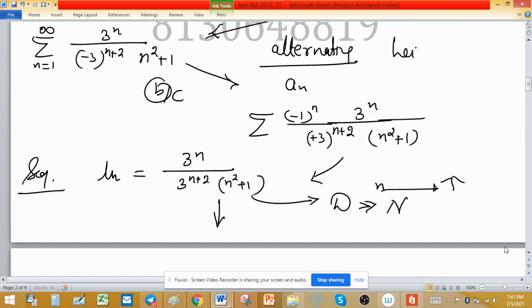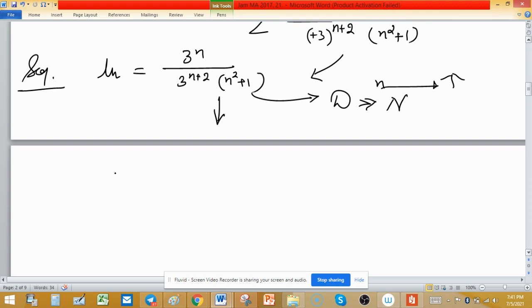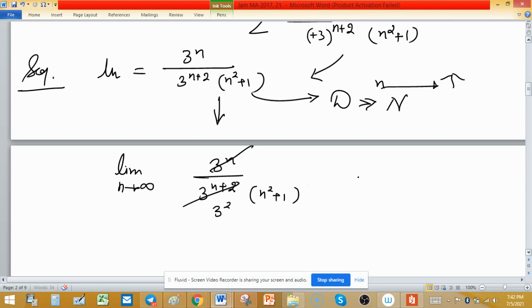And we need to check the limit of this sequence. It is decreasing, that is understood, and we need to check the limit at infinity: 3 raised to the power n divided by 3 raised to the power n plus 2, n square plus 1. So this will cancel out and we have 3 square in the denominator.